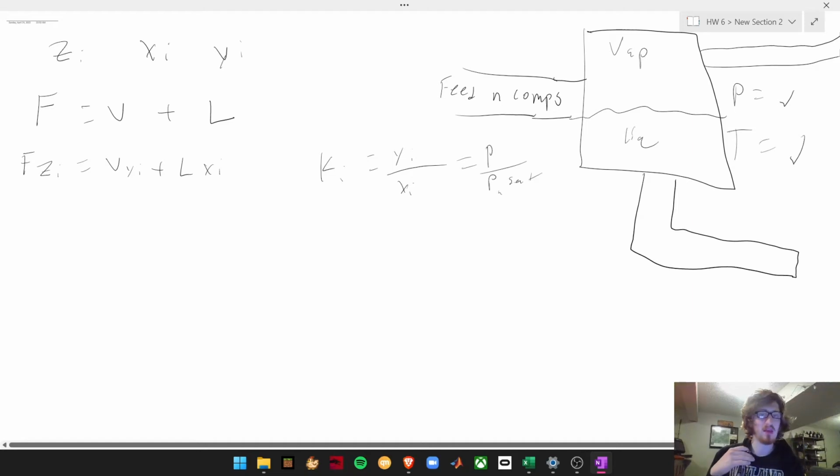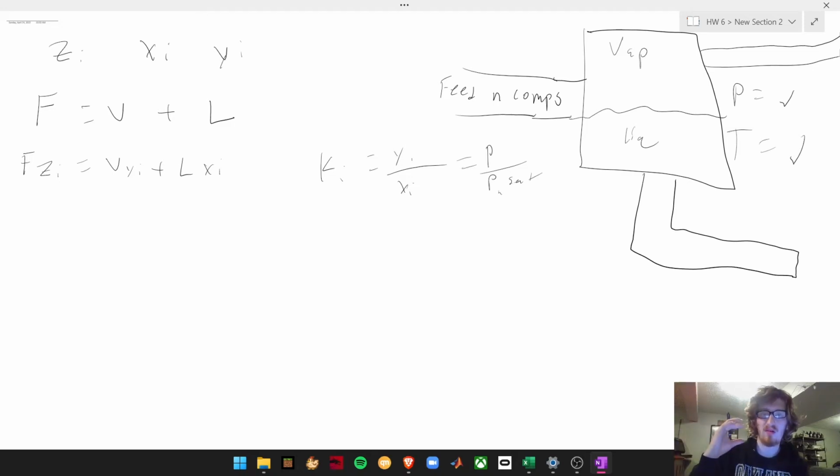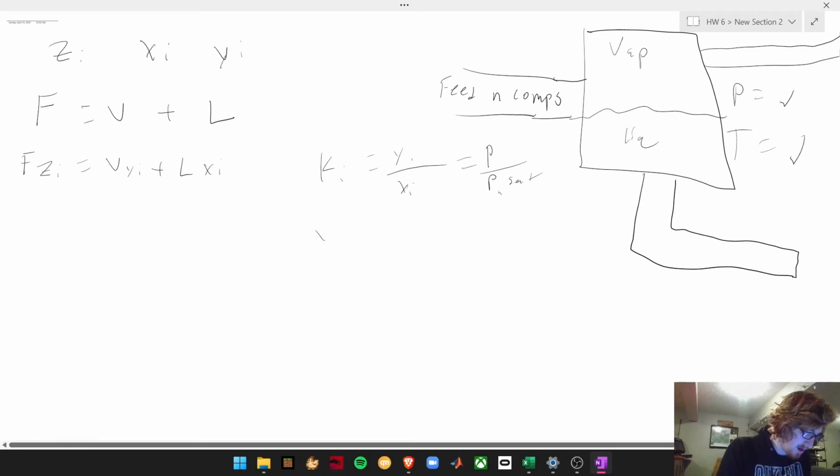Again, this is just for a specific component, the fraction of it in the vapor phase compared to the fraction of it in the liquid phase. So if we rewrite this one more time, we can say Yi is going to be equal to Ki Xi.